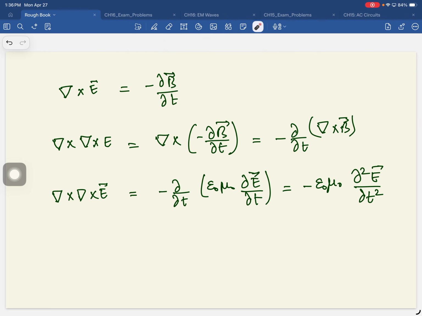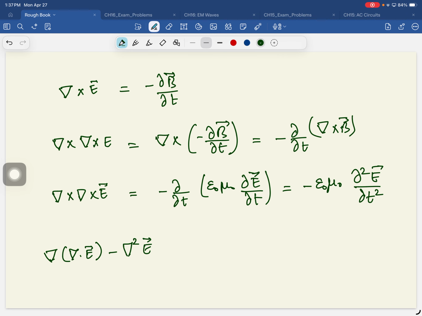What else do you see? This equation relates a second spatial derivative to a second time derivative. This is called a wave equation. You've seen this before for mechanical waves. What it predicts is traveling waves.